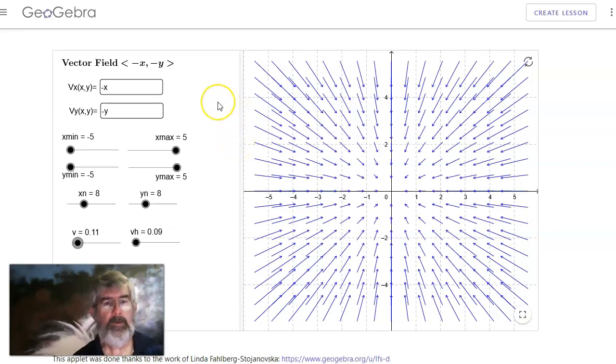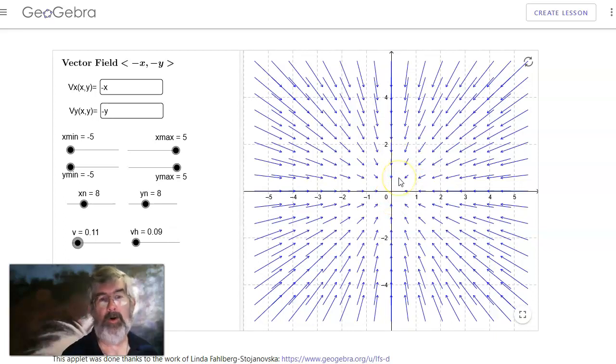So I'm just going to go through a bunch of different examples here and see some things. My first one is the vector field xy is equal to minus x minus y. So at each point, I'm thinking of the vector which points directly back at the origin.